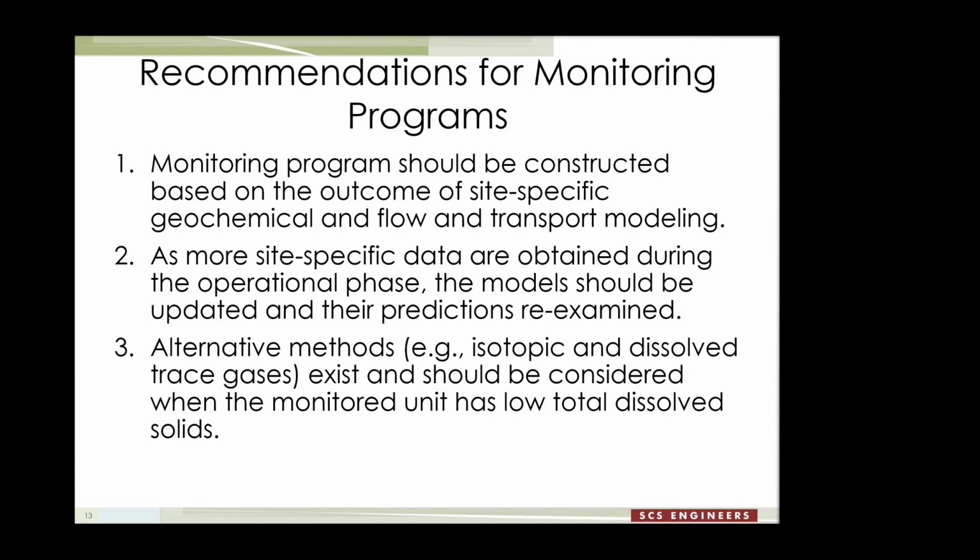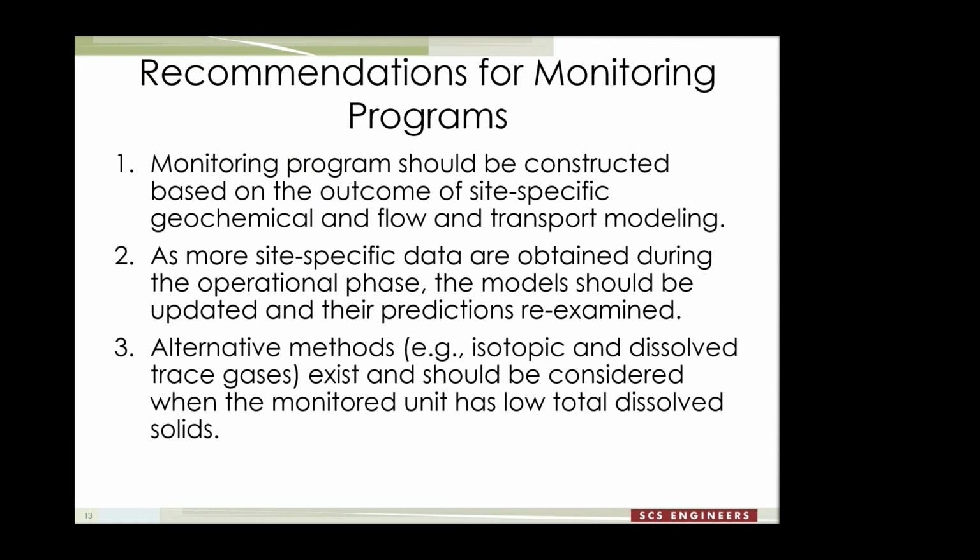Okay, so why do we want to do experiments like this, and why do we want to look at the geochemistry? I want to dive into some recommendations for the monitoring program based on our case study, but also in conjunction with the thermodynamic modeling, like I mentioned earlier.